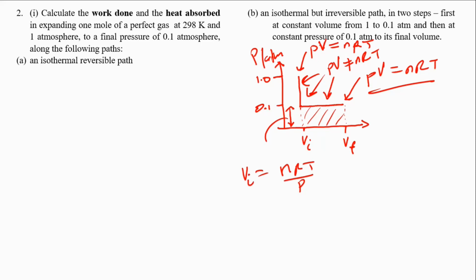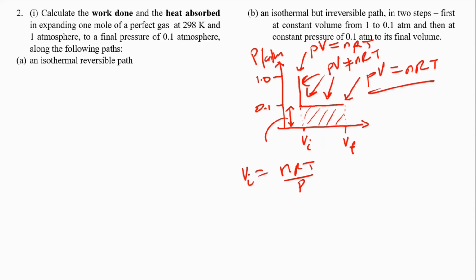The initial volume, well, it's an expansion that we're dealing with, and so the initial volume should be smaller than the final volume.